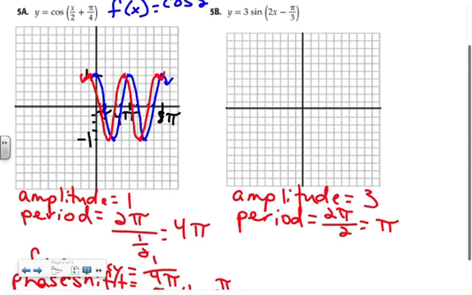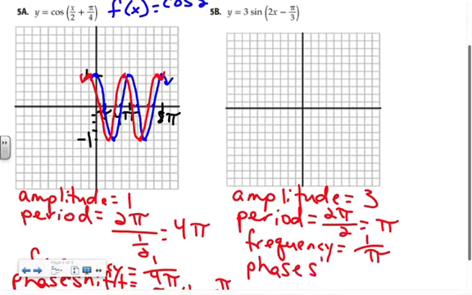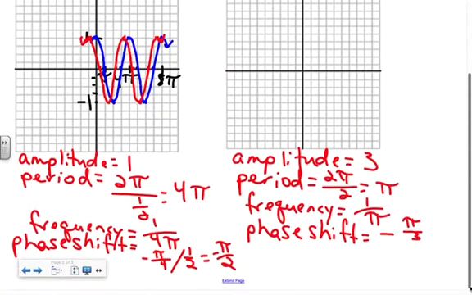A frequency of 1 over pi, meaning that it has 1 cycle every pi units on the x-axis. And my phase shift is negative, my C value is pi over 3, over my B value of 2. So that simplifies to negative pi over 6.